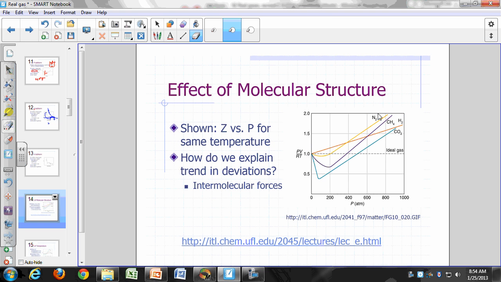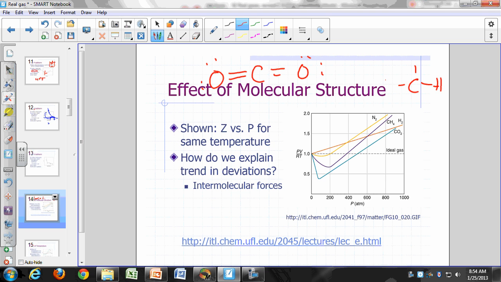What do we know about carbon dioxide versus methane? Carbon dioxide, here's the Lewis structure. Whereas your methane is this one. Which one's a bigger molecule? Carbon dioxide. Okay. Hydrogens are very small atoms, right? And are these molecules polar or nonpolar? They're both nonpolar. So main interactions between these molecules would be London dispersion forces.